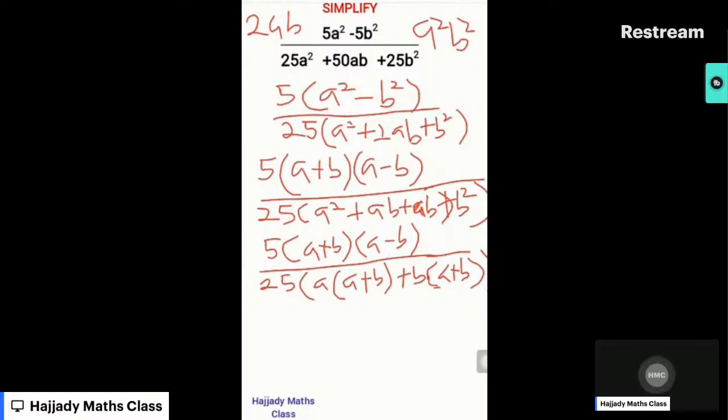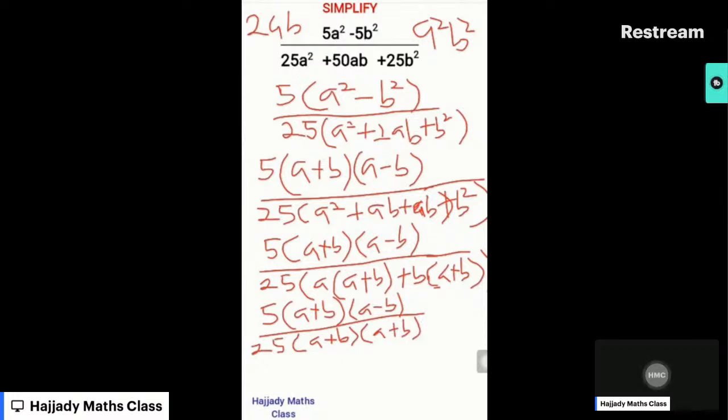So, repeating the numerator, we have a plus b, a minus b, all over 25 into bracket a plus b twice now, a plus b.